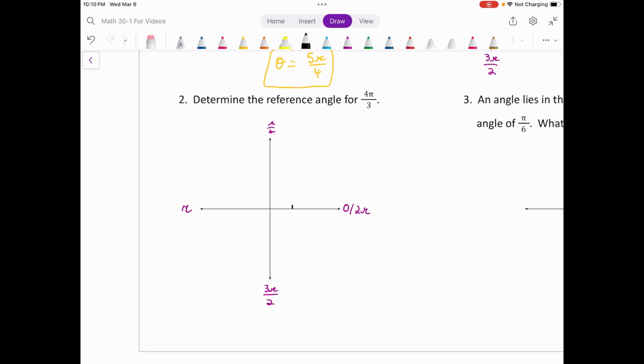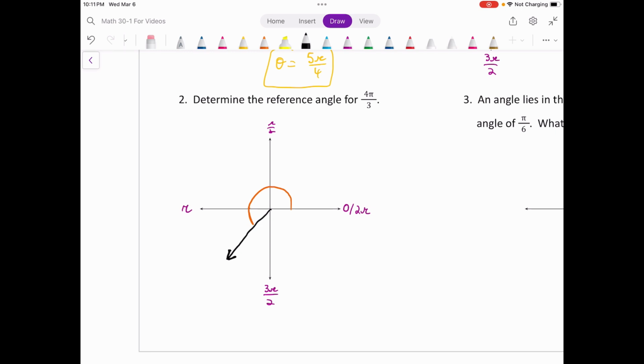Now, how far have we gone past pi? Just let me draw pi first, right? There's 3/3 of pi, or 1 pi. We've done 4/3 of pi. So we've gone past pi by another 1/3 of pi, which kind of lets me already figure out my reference angle, right?